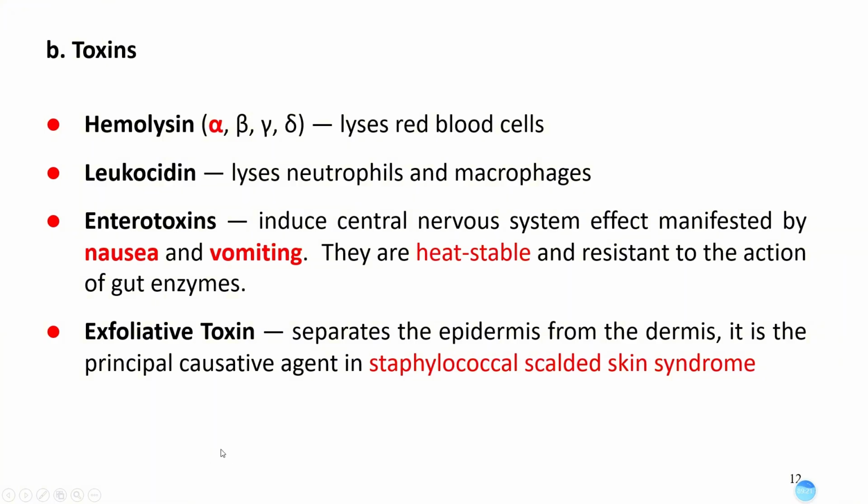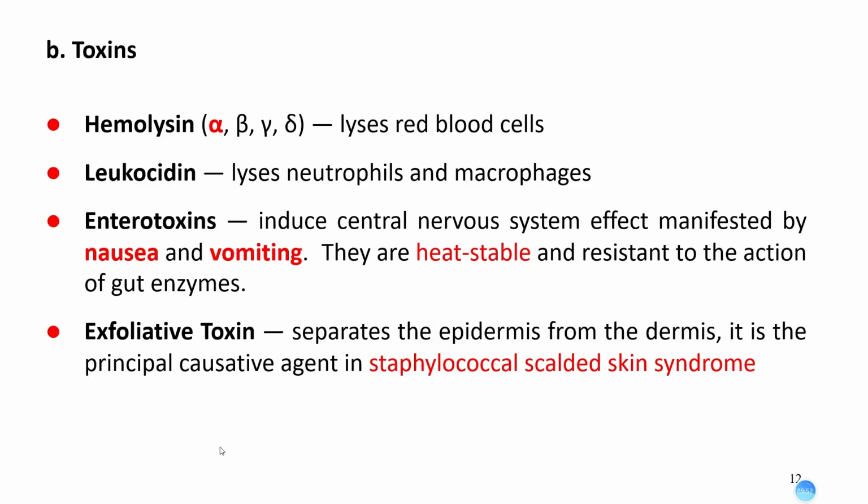The next toxin is called exfoliative toxin. This is a toxin which can separate the epidermis from the dermis layer of our skin. Okay? Especially for the newborn baby, their skin is so weak, and if the bacteria cause infection in the skin, it produces this toxin.